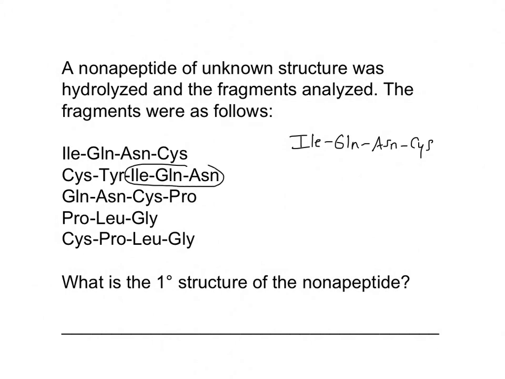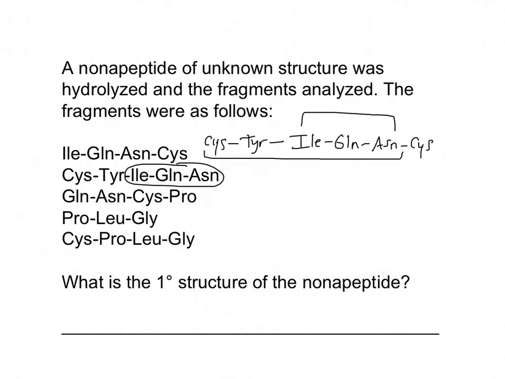I see ILE, GLN, and ASN. I'm seeing this part right here. You guys see that? So what came before ILE? TYR, right? And what else? CYS. So this is the second chunk right here. See how there was some overlap?